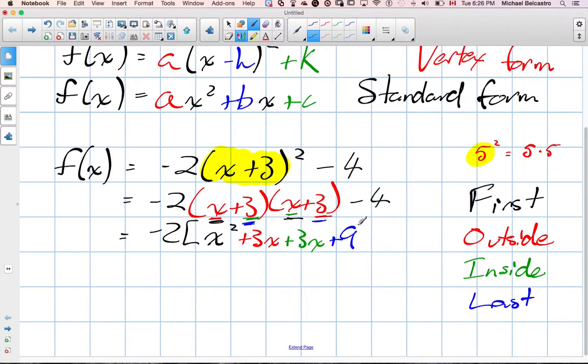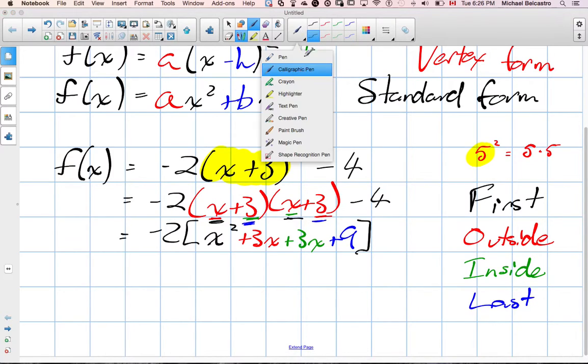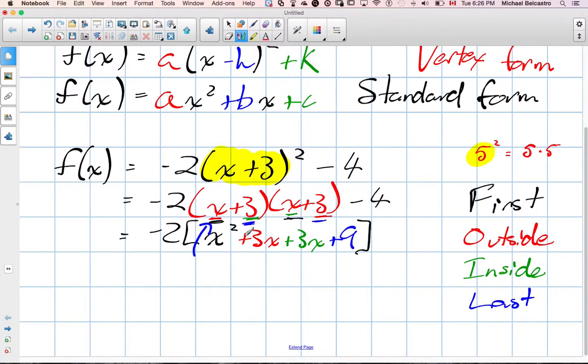Okay, so I've done a different color for each one, but if you take a look at how it's been underlined, you'll notice I've used this one twice, this one twice, this one twice, and that one twice. So they've all been used twice. That way we kind of know we must have done it properly. And then finally, that -4 still comes down. So we simplify what's in the brackets. There's only two things that can be simplified in this bracket, and that's 3x plus 3x.